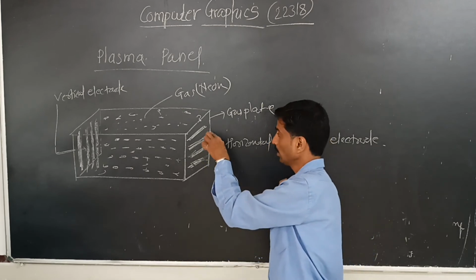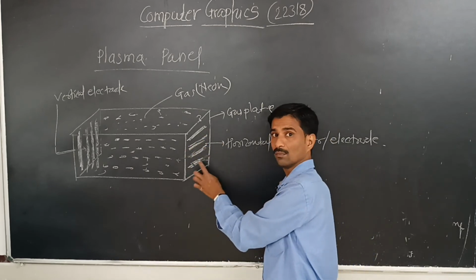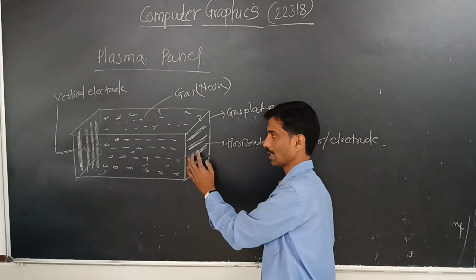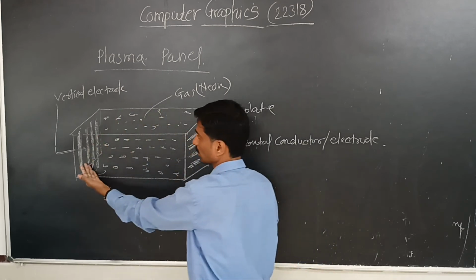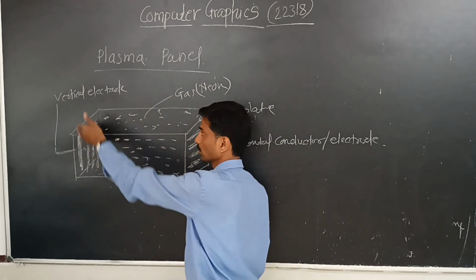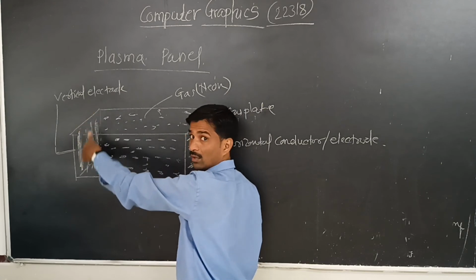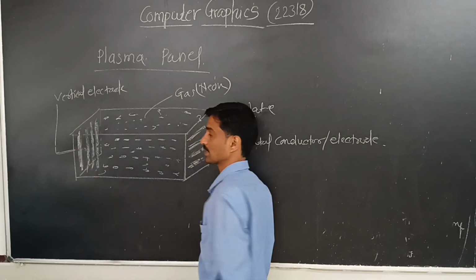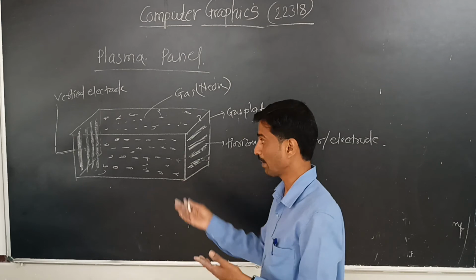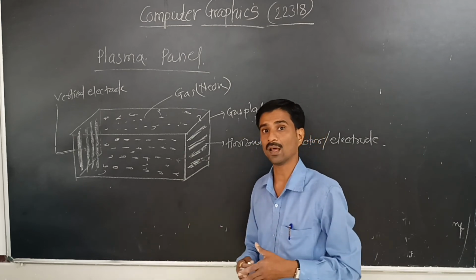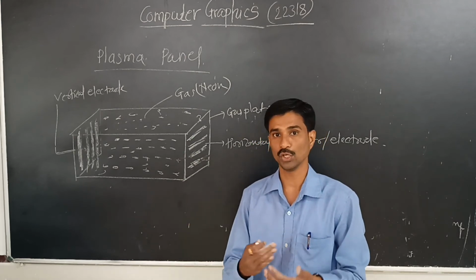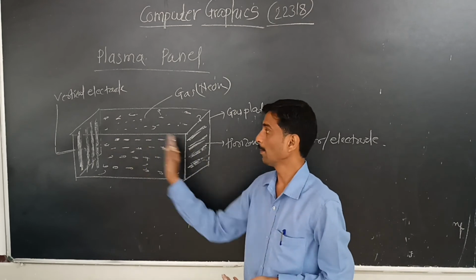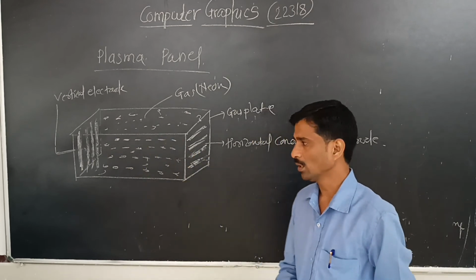Here you can see the horizontal conductors or horizontal electrodes, and exactly opposite to these, vertical electrodes or vertical conductors are present. They are aligned such that they are perpendicular to each other.